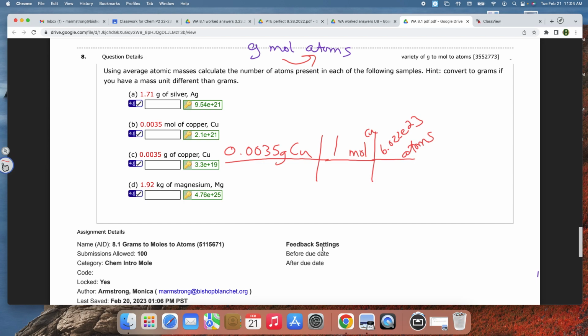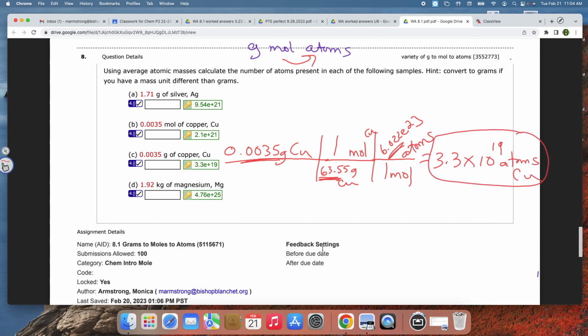Oh, no. Yes, 63.55. And this one is 1 because it's 1 mole. 0.0035 divided by 63.55 times that number. And we start with 2 sig figs, end with 2 sig figs, 3.3 times 10 to the 19th atoms of copper, Cu.